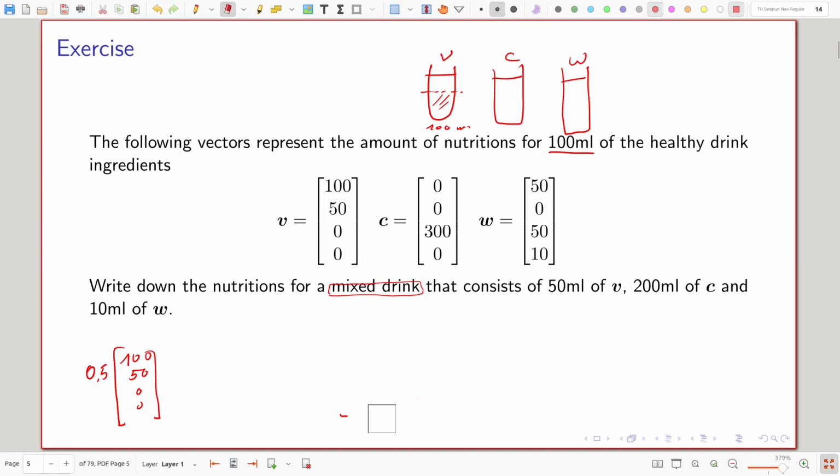And then you take 200 milliliters of C, so you have 2C.